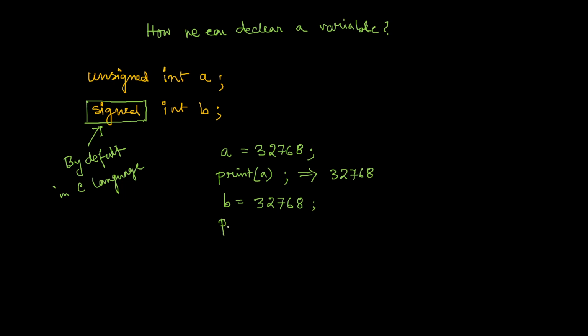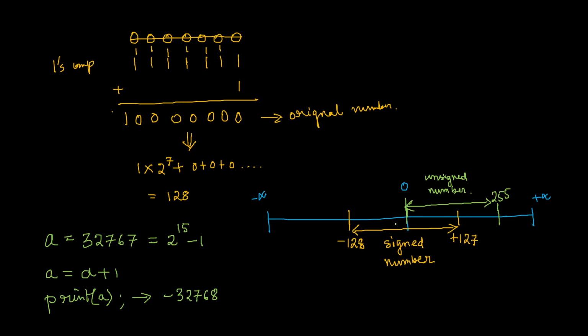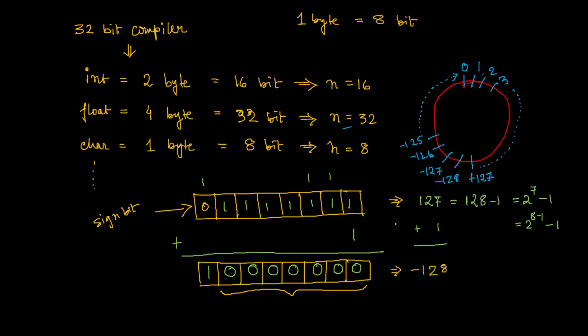But when you start printing b somehow by the print command in C language, you will find it is minus 32,768. Because it is not possible to store plus 32,768. The mathematics will not give the facility. That is the point.